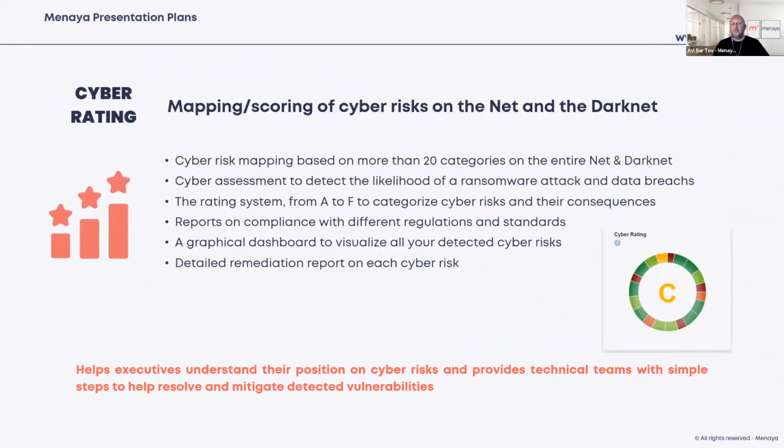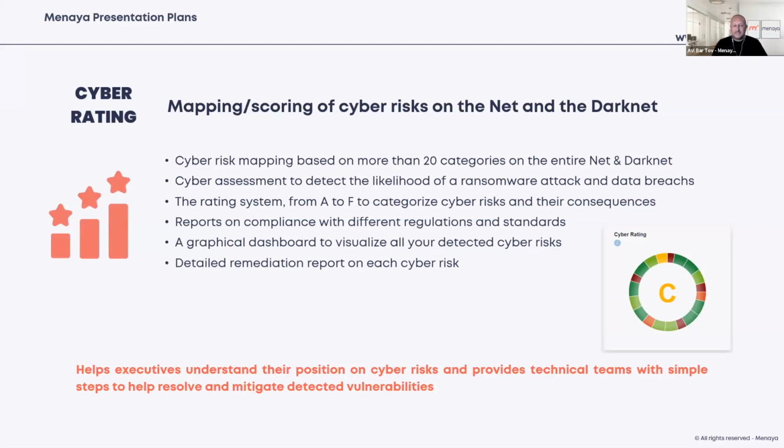The cyber rating will create a mapping and scoring of all potential risks from the net and the darknet. We're using more than 20 categories, 20 indicators, in order to provide this information.